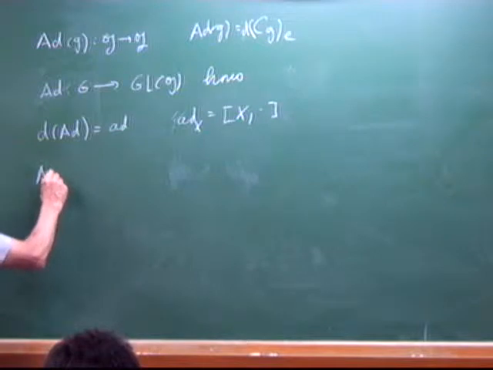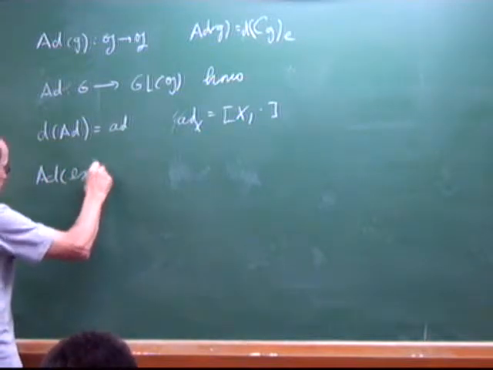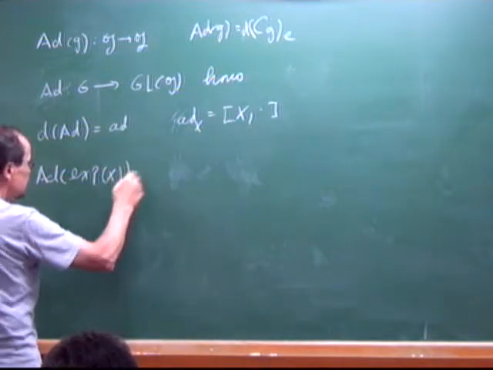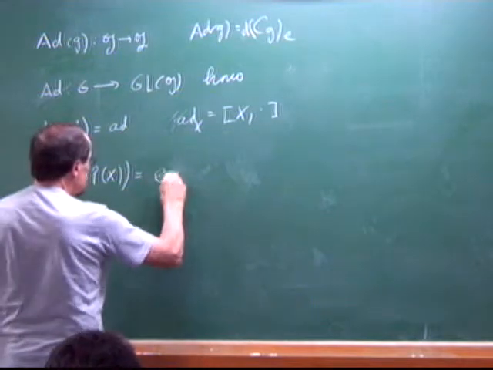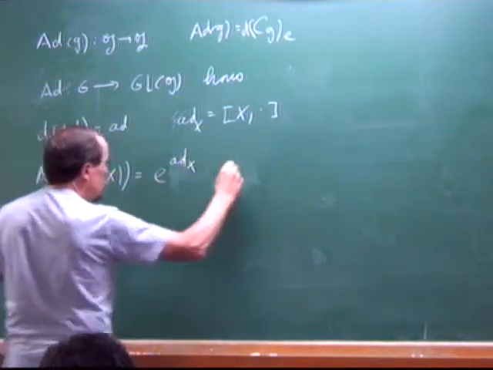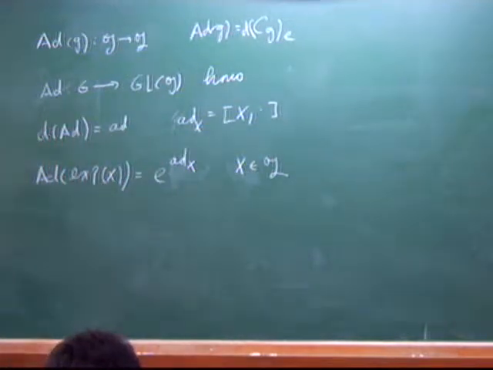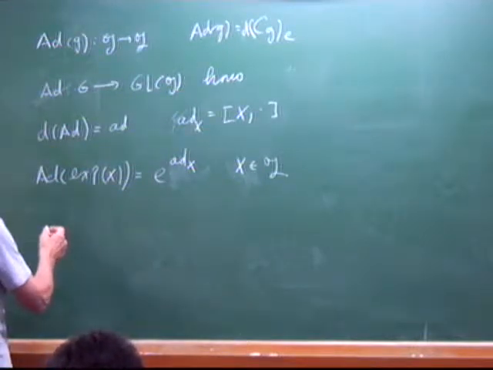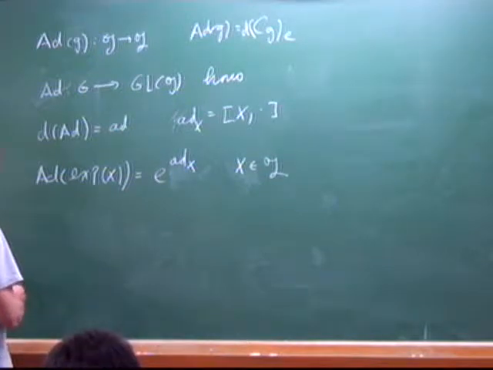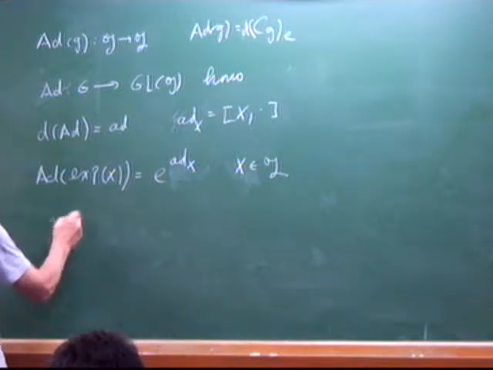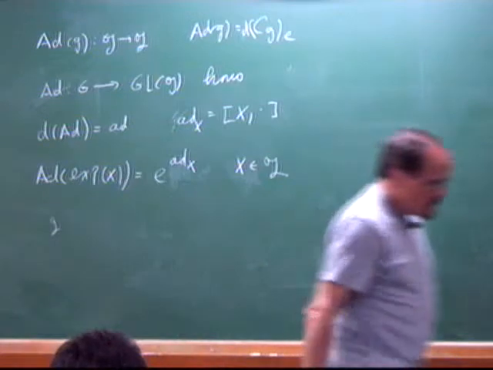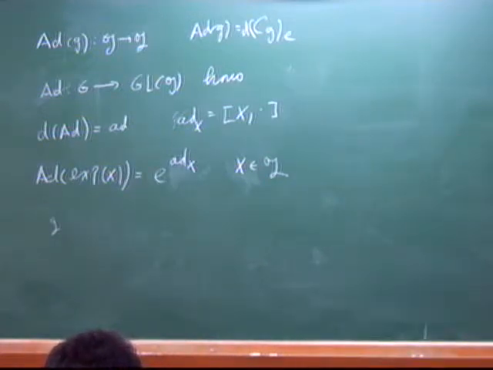The most important properties are that Ad commutes with the exponential map in the following sense. This is the exponential map in the general linear group, and this is in the group. So it's essentially this property here. And the other one was that it commutes with the conjugation.